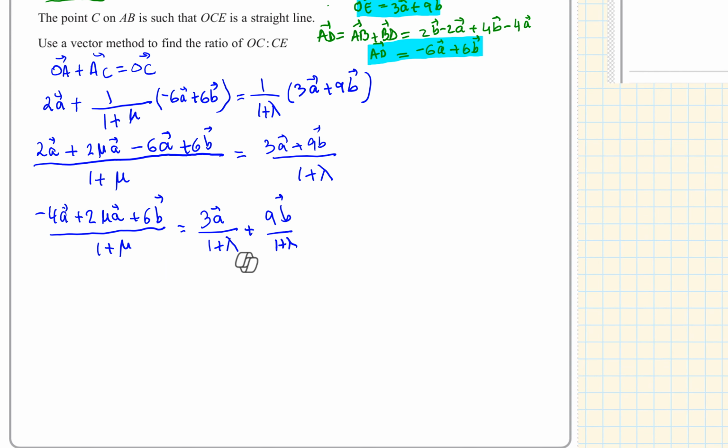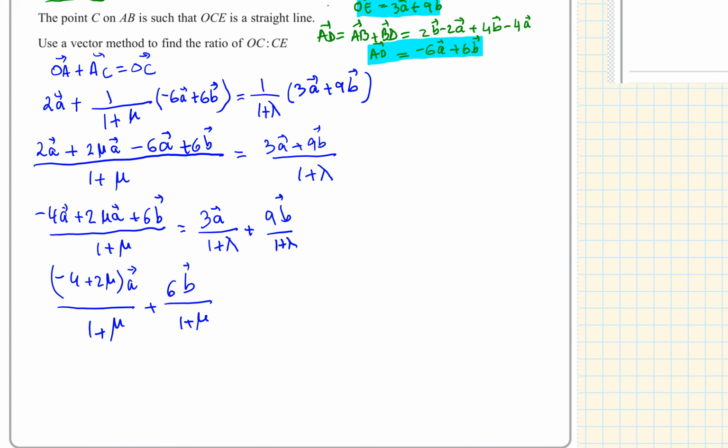So I can get A, if I bring together, minus 4 plus 2 mu, A over 1 plus mu plus 6B over 1 plus mu.